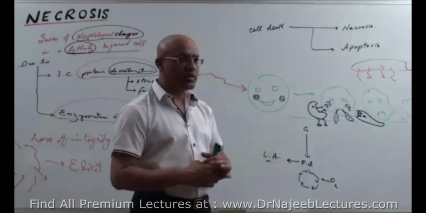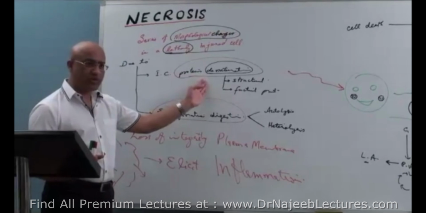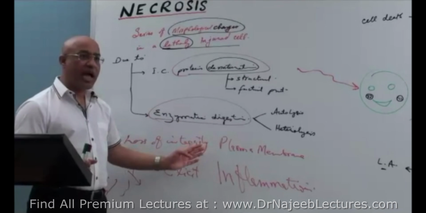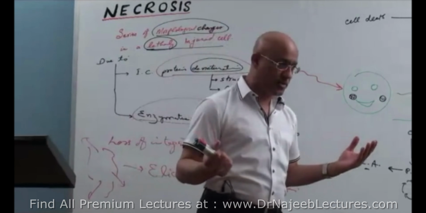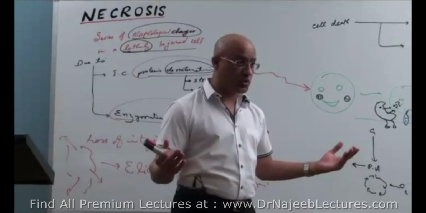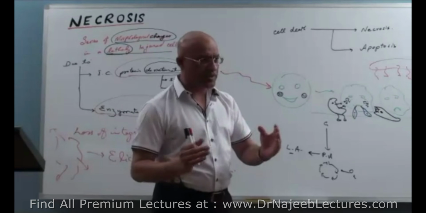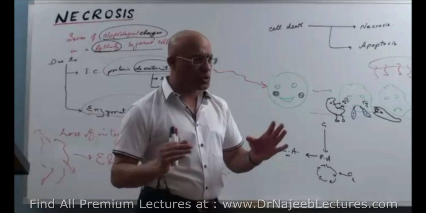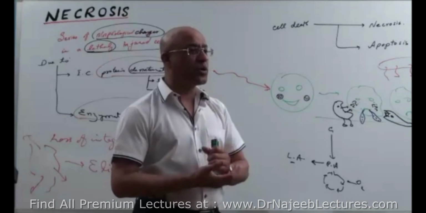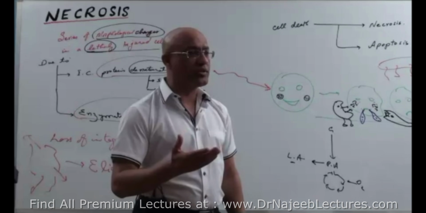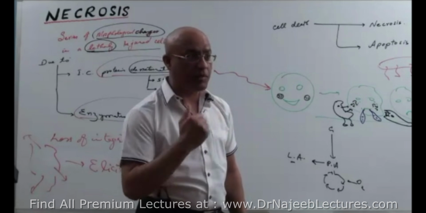Denaturation of proteins, enzymatic digestion and inflammatory reaction take many hours, depending upon the tissue and the cause of the injury. Usually 4 to 12 hours are required before necrotic changes can be manifested under the light microscope.